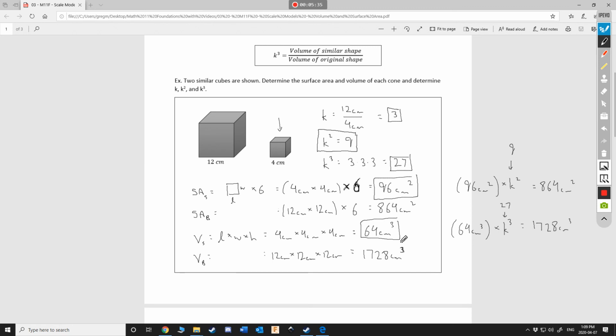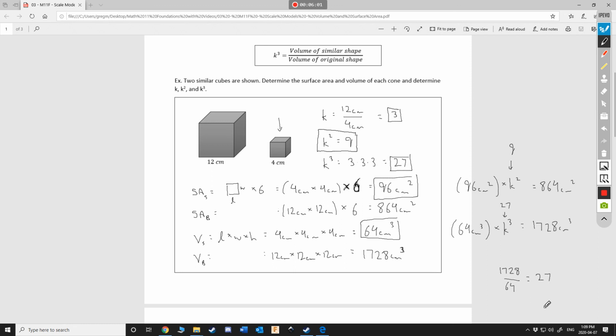So the whole point of this unit that we're doing right now is to link together this k scale factor with the actual individual calculations of area and volume. And another way to prove that the k cubed thing is true, if I take that 1728 divided by 64, guess what? That equals 27.